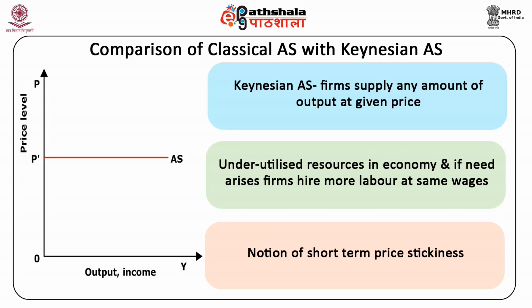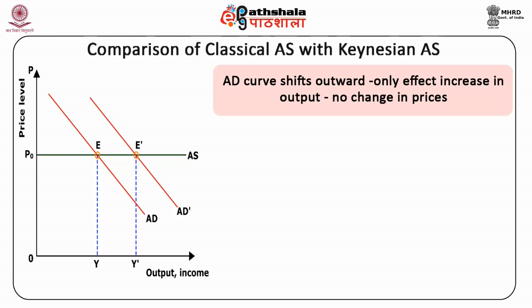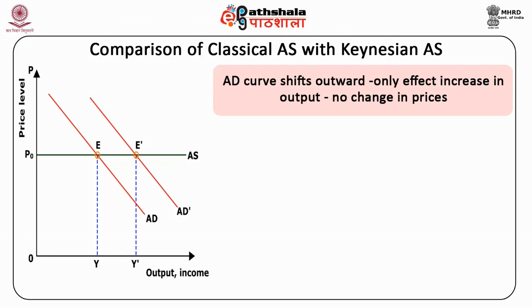The notion of short term price stickiness arises from here. If the AD curve shifts outward in this case, then the only effect is an increase in output and hence employment with no change in prices.